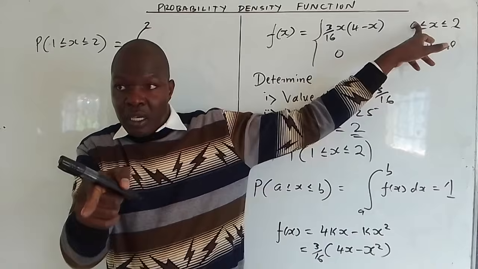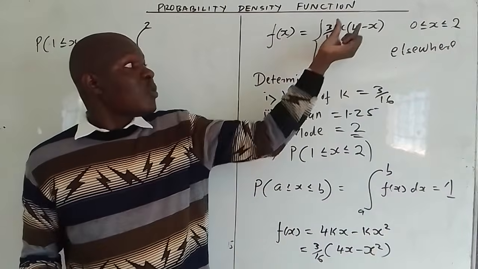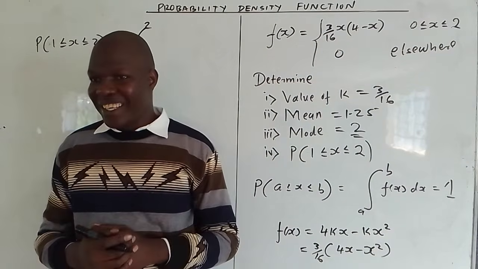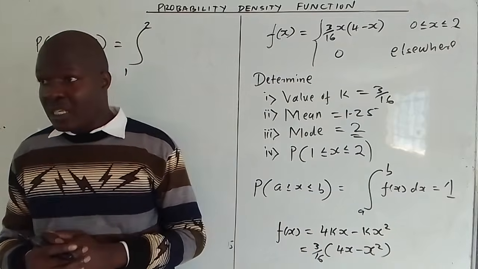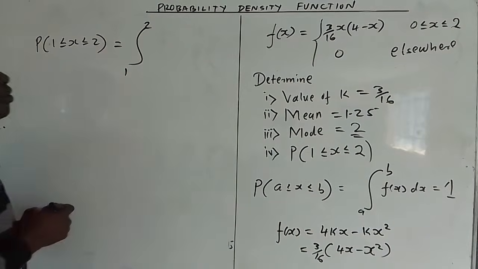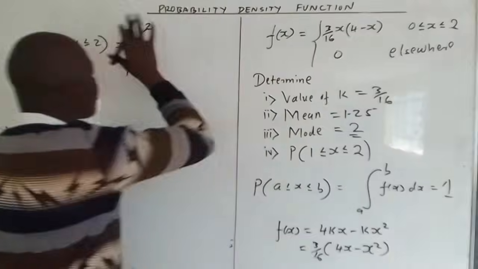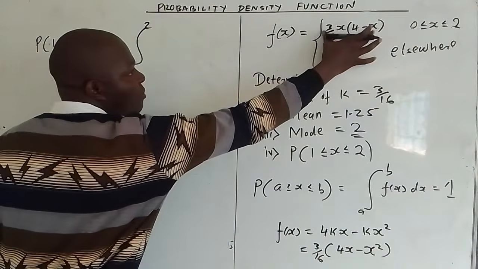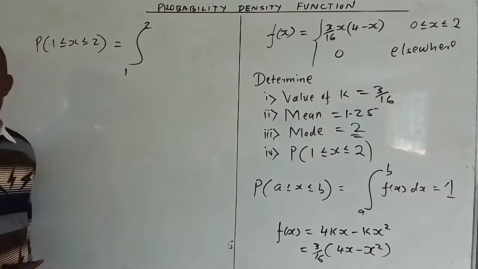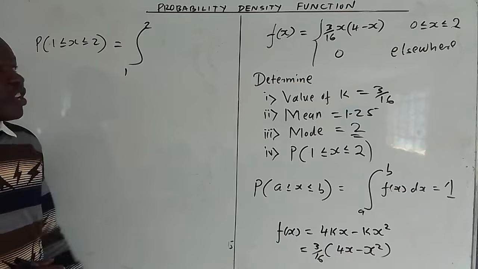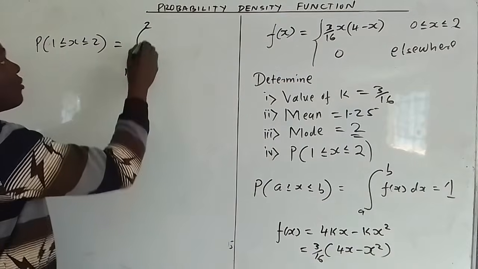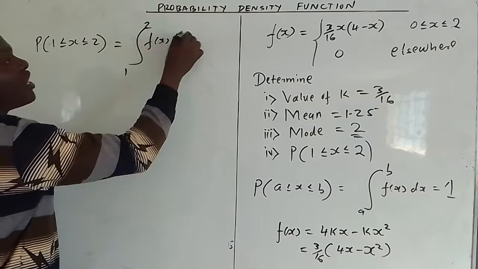Are you seeing that? Because there is a situation whereby f of x will be defined with more than one part. Are you seeing such cases? Yeah. So 1 to 2 is between 0 to 2, meaning it is over that range, and that is defined by that, isn't it? Are we together? So the integral from 1 to 2 of f of x dx.